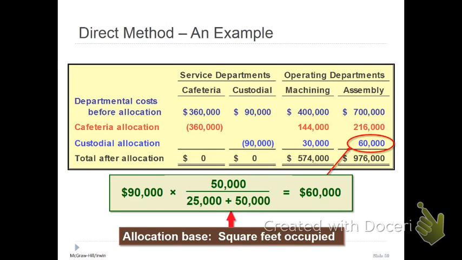Then I'm going to do the same thing for assembly, and notice what's happened when all is said and done. What I have just done is I've allocated my service department costs onto my operating departments. Now keep in mind this would not be used for cost of goods sold. It would be used for internal management decisions.